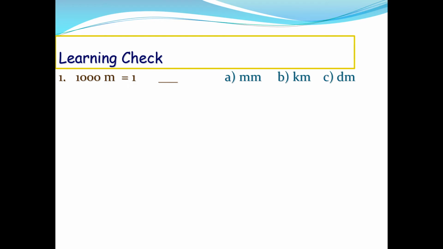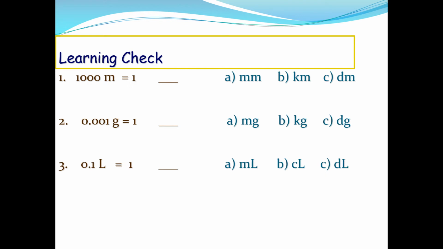So 1,000 is the Latin or Greek name for 1,000, kilo. So 1,000, 1 kilometer. 0.001 grams is equal to what? It would be a milligram. 0.1 liters is equal to what?